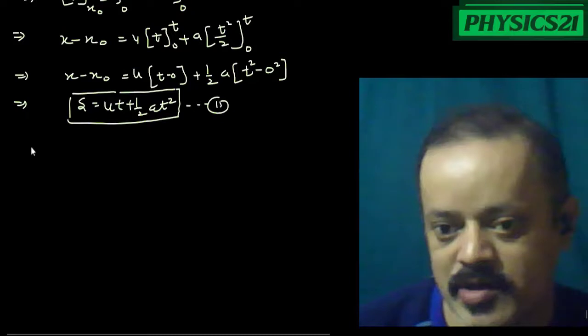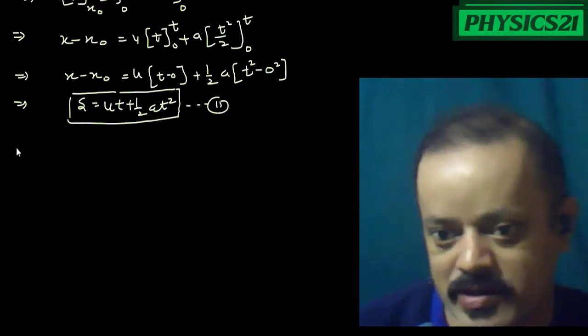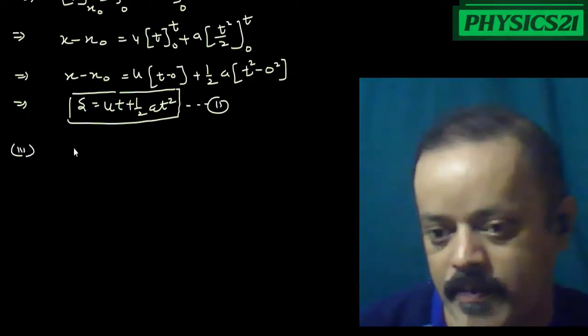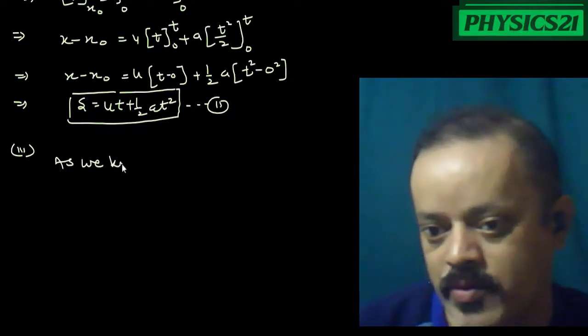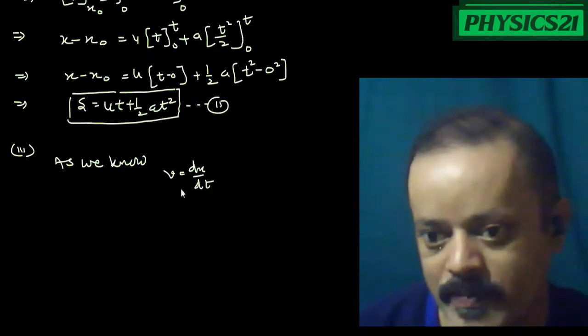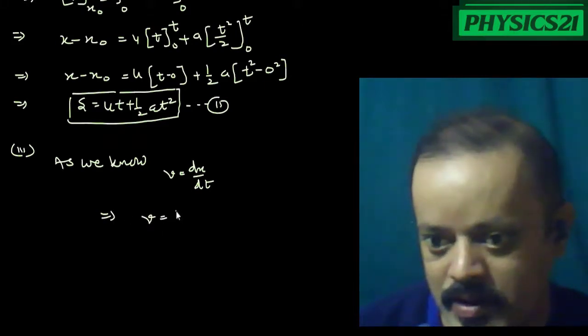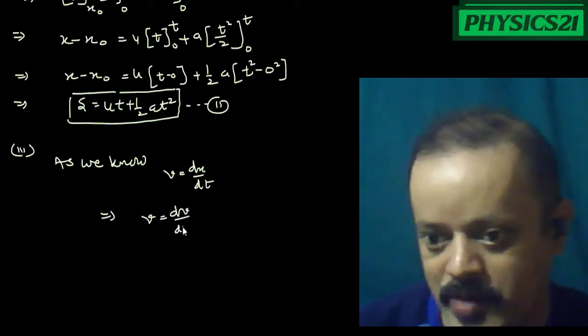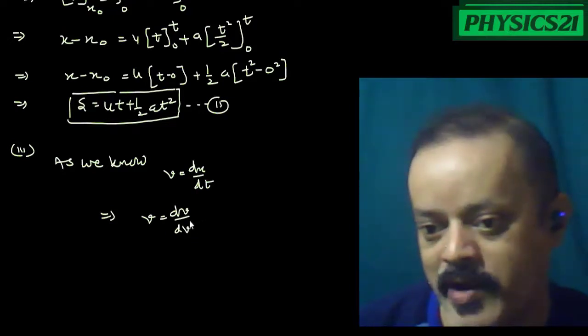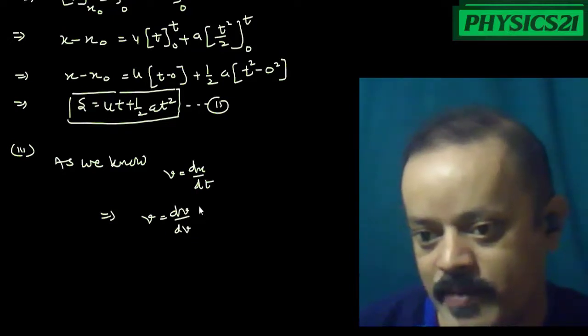Now third equation of motion by calculus method. As we know, v is equal to dx divided by dt. It can be written as dv divided by dt after multiplying and dividing by dv, into dx divided by dt.